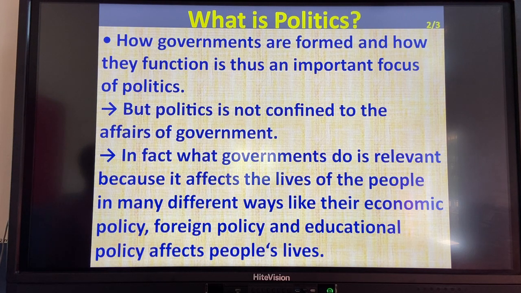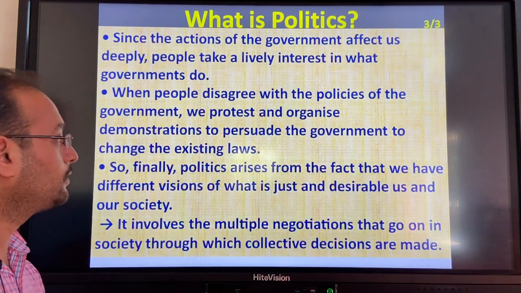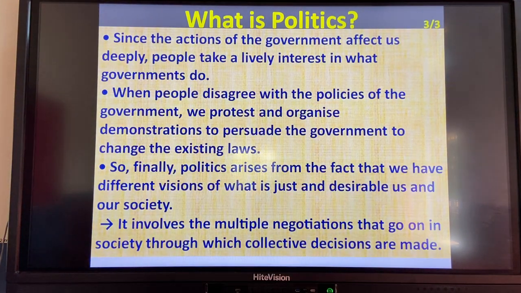In fact, what governments do is relevant because it affects the lives of people in many different ways, like their economic policy, foreign policy and education policy affect people's lives. Since the actions of the government affect us deeply, people take a lively interest in what governments do.